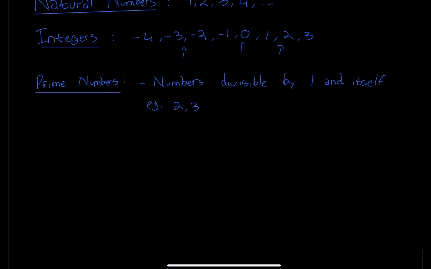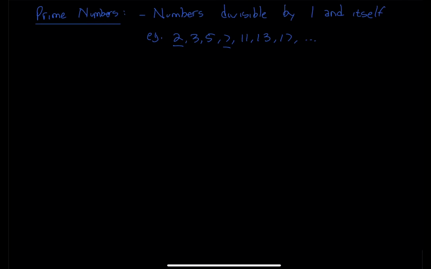There's 2, 3, 5, 7, 11, 13, 17, etc. There's many. If you look at the number 2, it can only divide by 1 or itself without leaving a remainder. Let's look at the number 7. 7 can only divide by 1 or itself without leaving a remainder.